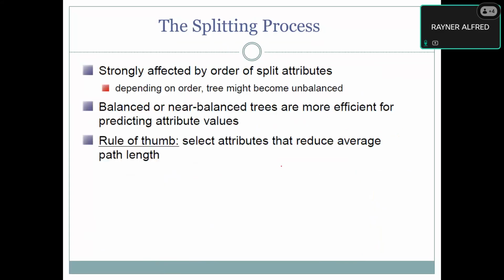Again, the splitting process is strongly affected by the order of the split attributes. Depending on what attributes you have, we need a balanced or near balanced tree because we want to reduce the cost of computation. The rule of thumb is we select attributes that reduce the average path length.